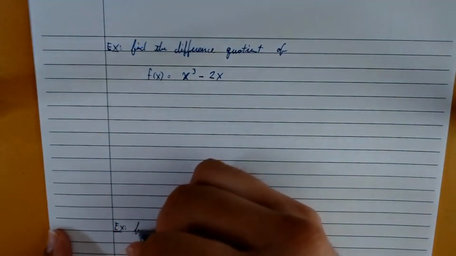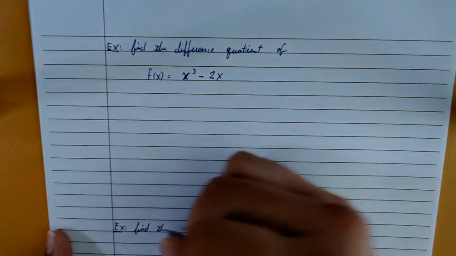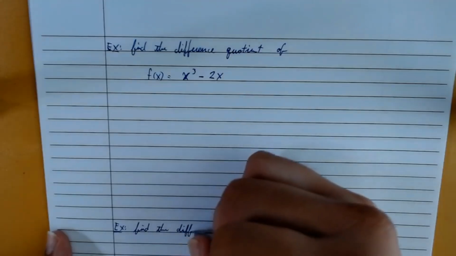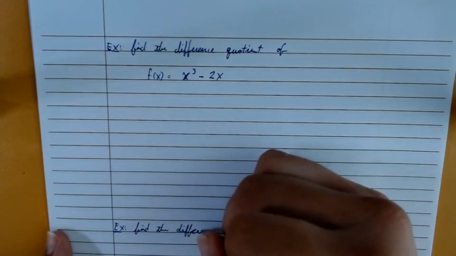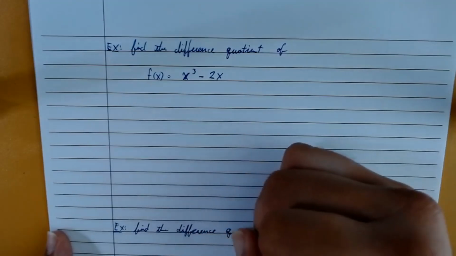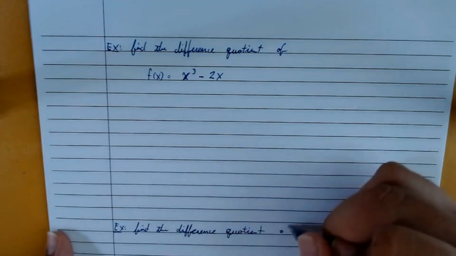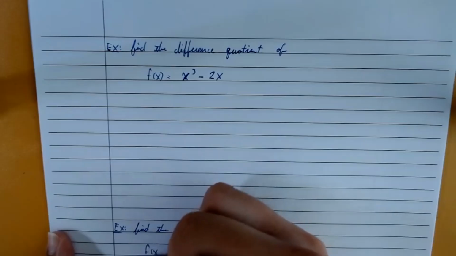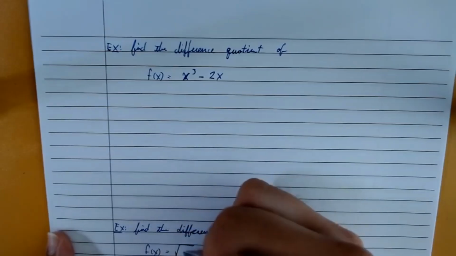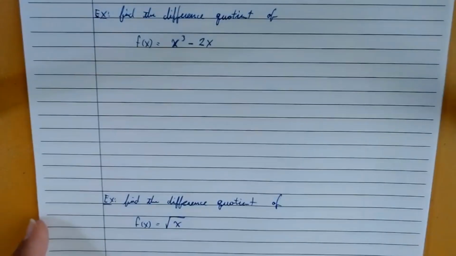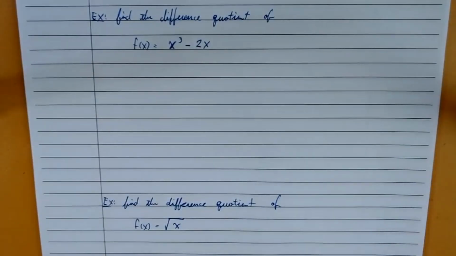Find the difference quotient of f of x equals the square root of x. Go ahead and give those both a try. Go ahead and pause the video, give yourself the time you need, and once you're done, you can unpause and we'll go through those together.